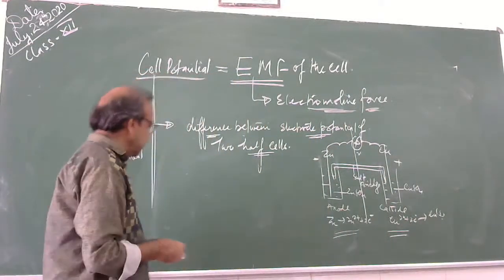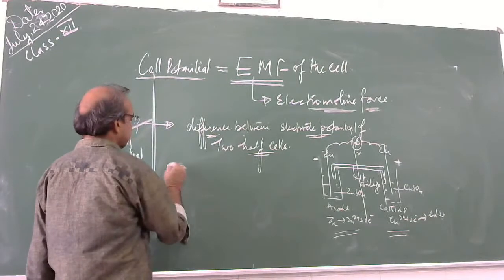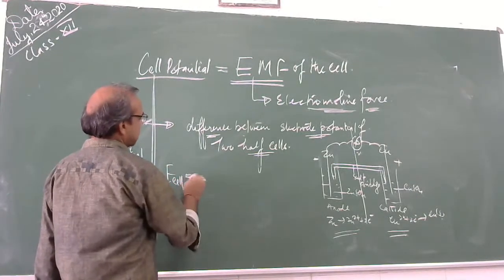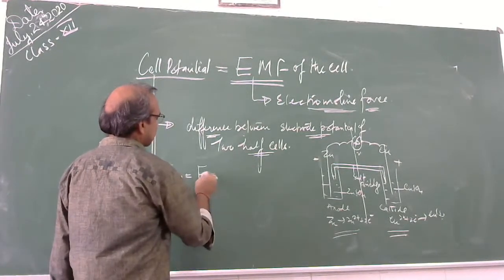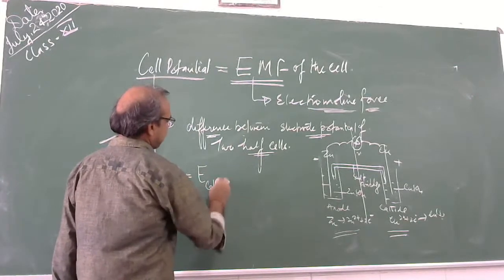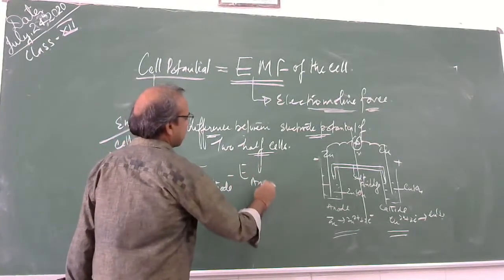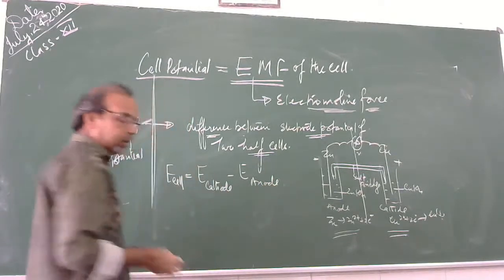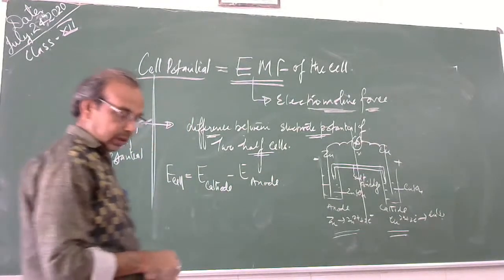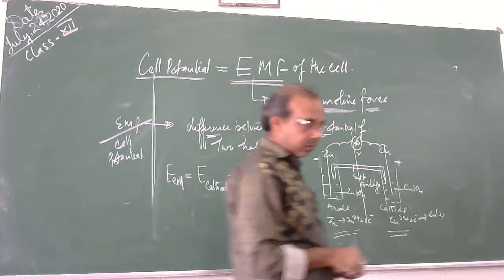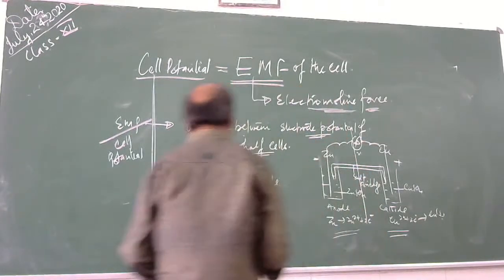It can be calculated as E cell equals E cathode minus E anode, the electrode potential of cathode minus the electrode potential of anode.